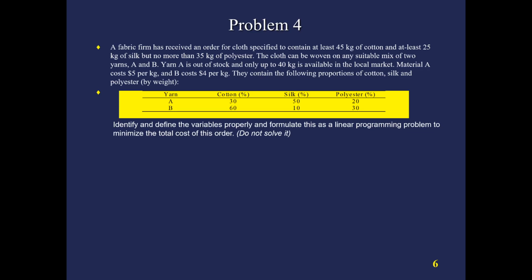The question is, identify and define the variables properly and formulate this as a linear programming problem to minimize the total cost of this order. Minimize. Now we will see what our decision variables are. Now the decision variables are not cotton, silk or polyester. Please note that.